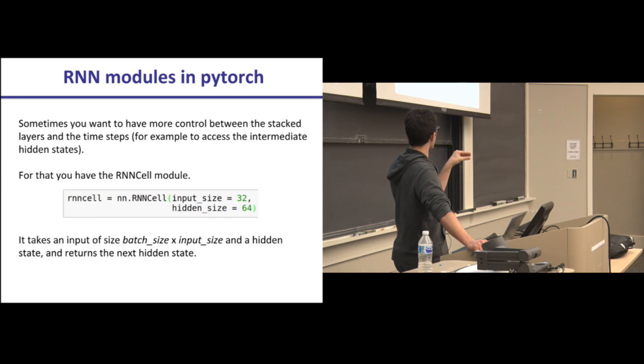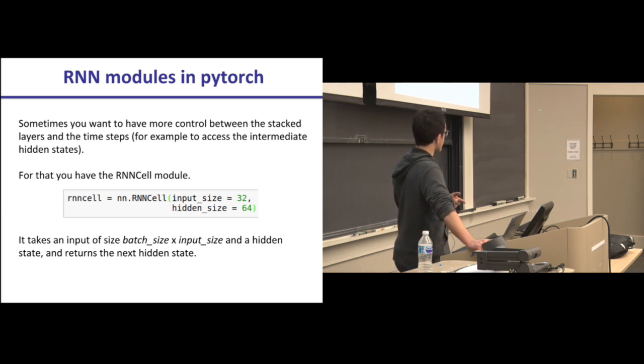That's the RNN cell module. It takes an input of size batch size times input size, and the hidden state of size batch size times hidden size, and it returns the hidden state at the next step. So basically with an RNN cell, you can recreate by yourself the whole RNN class, or you can do stuff with it to make it more suited for what you want to do.